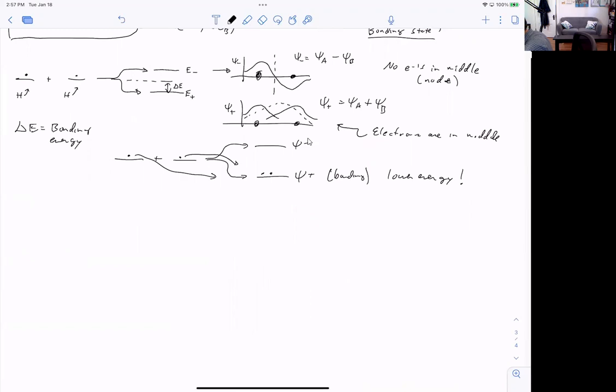But it can get a little tricky, because how atoms bond can depend on which orbitals are doing the bonding.